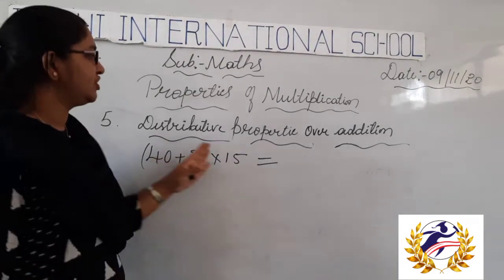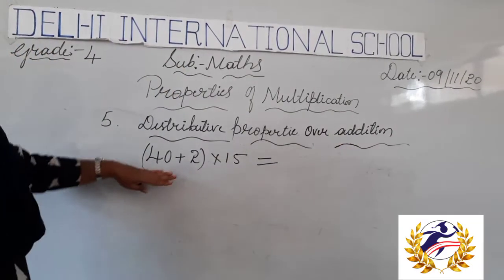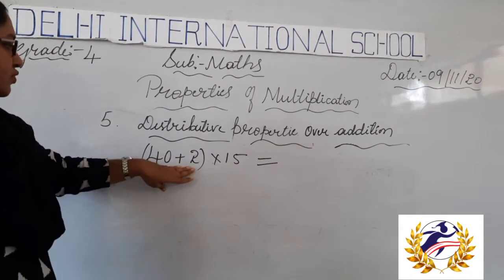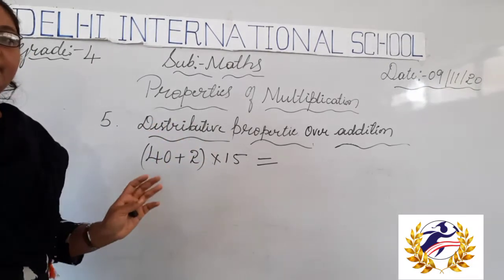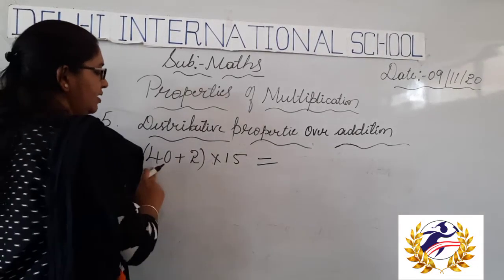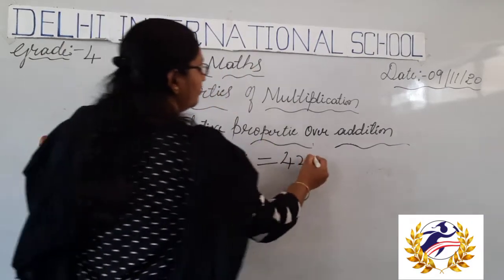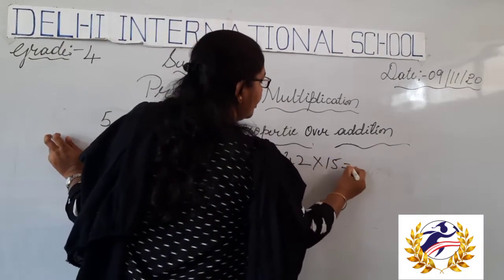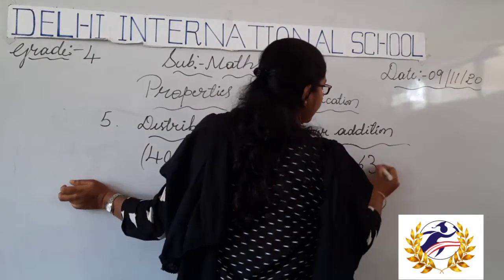The next property is the distributive property over addition. Suppose the given numbers are 40 plus 2, into 15. If we distribute these numbers and then multiply, the product will also be the same. For example, 40 plus 2 is 42, into 15. 42 into 15 is 630.